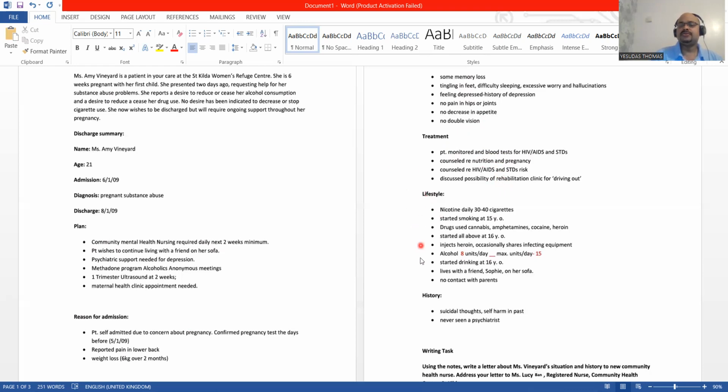Now, this is her history, lifestyle and history. You can see a lot of things here. That's nicotine, cigarettes, 30 to 40 cigarettes, and she has been a chronic smoker since she was 15. She is known to cannabis, amphetamines, cocaine, heroin, and she started using alcohol at 15 to 16 years.